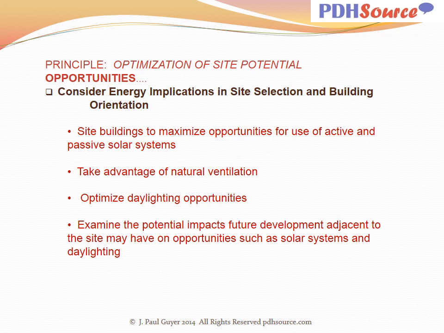Another possibility may be daylighting of your building, using the natural lighting from the sun to light the interior of your building during daytime hours. If you want to try to do that, you have to pay attention again to where the trees are, because you wouldn't want your skylights being in the shade during daylight hours.